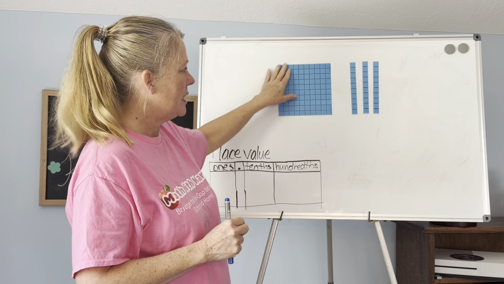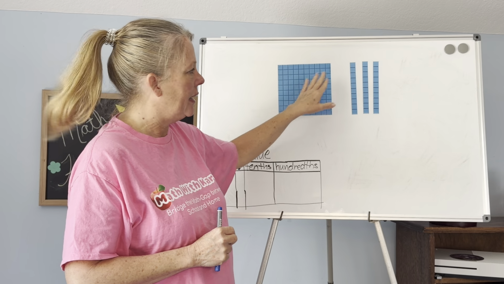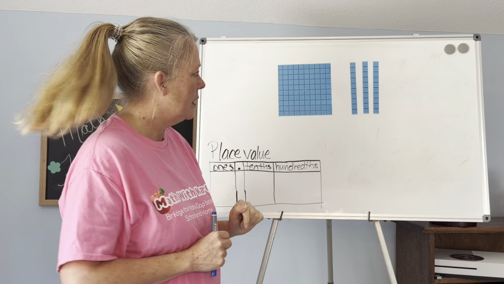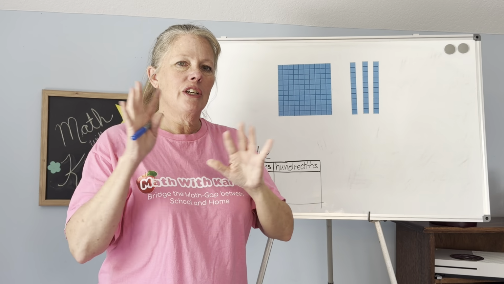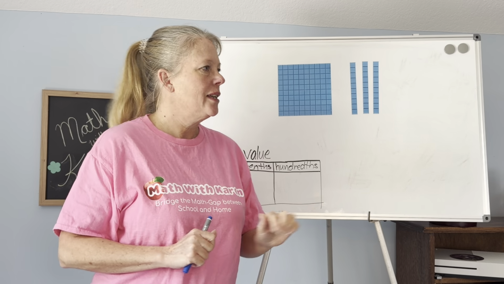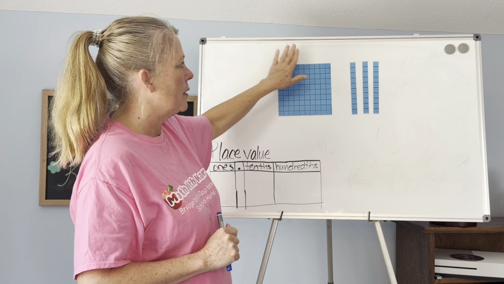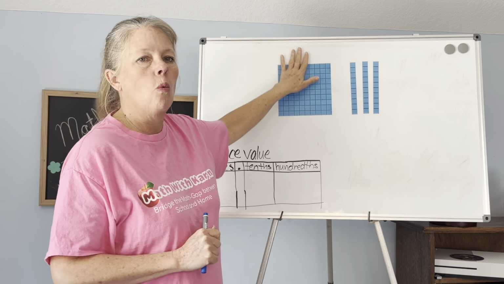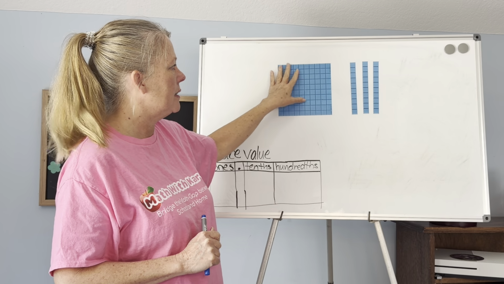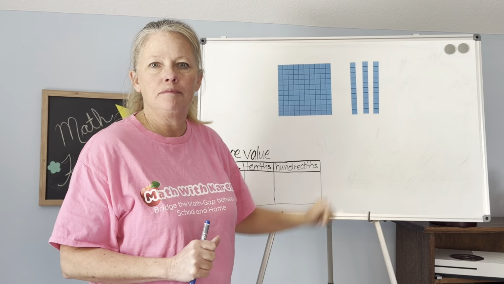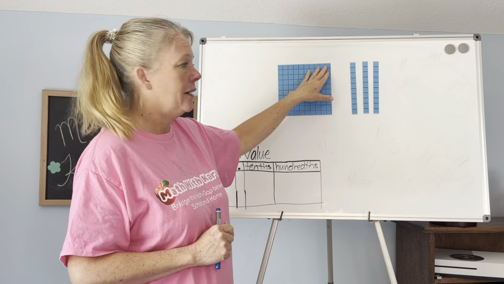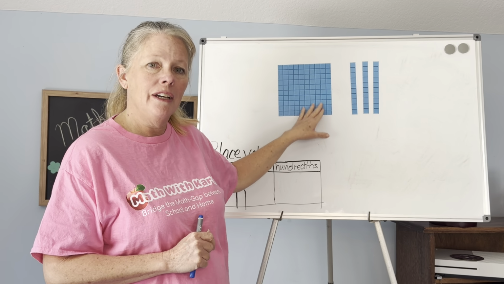Our students have seen these as a hundreds flat and our tens rods, and then we have our one squares. We're going to change our look of that. So instead of looking at this as 100 pieces, we're going to look at this as one. So let's pretend this is a cake, and it's a very large cake, because we are going to cut our cake into 100 pieces.